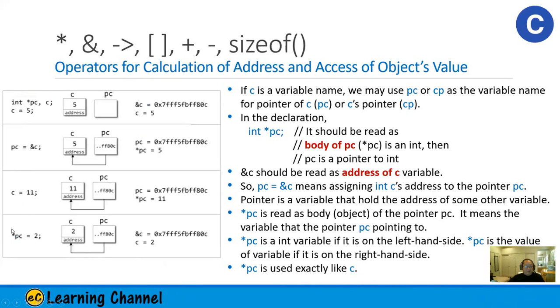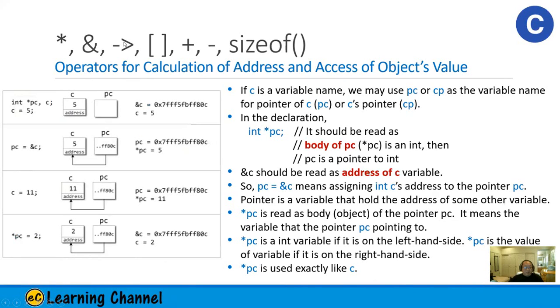When this star is used on the left-hand side, it's actually a memory location that you can write data to. If it happens on the right-hand side, it is a pointer address assigned to others. How about this ampersand sign? Address. It's actually address in C, right? But in C++, it also works as an alias.